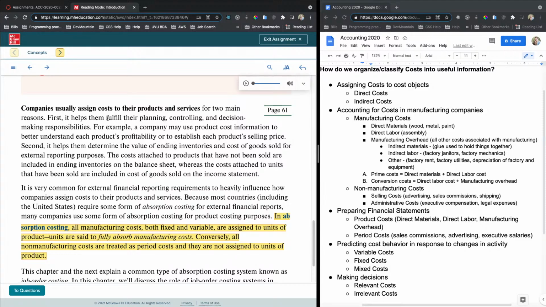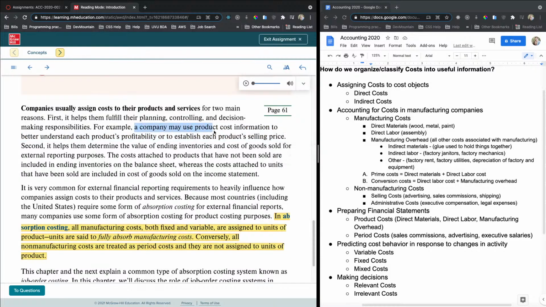So it helps them fulfill their planning, controlling, and decision-making responsibilities, 100%. If you don't know what you're paying, how do you know how to sell it? How do you know how much to sell your product for if you don't know how much it costs? For example, a company may use product cost information to better understand each product's profitability or to establish each product's selling price.